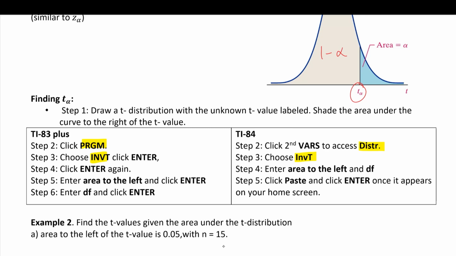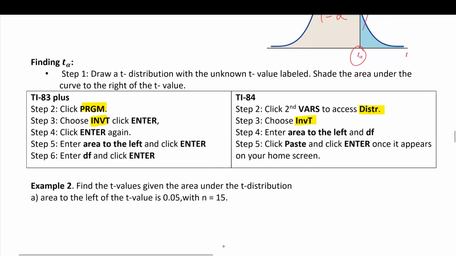If you were in my class, I would transfer over a program. But if you don't have access to me, I will link below some of the online resources where you can put in values to come up with these critical values. All right, so let's go ahead and work an example here.